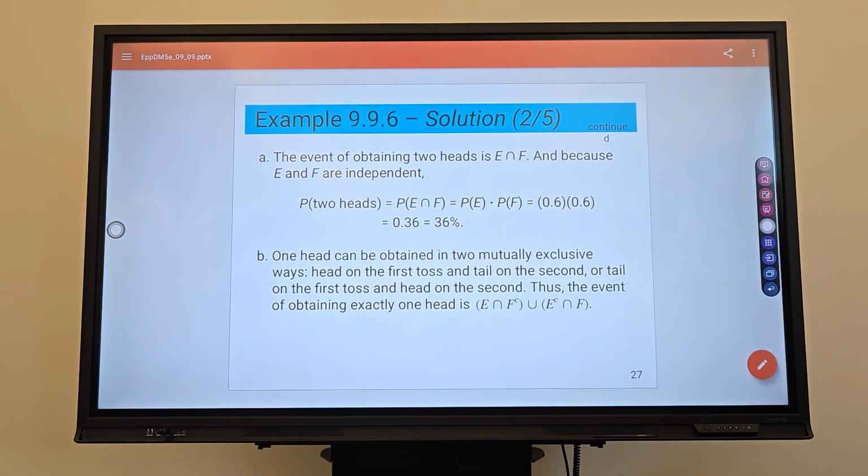The event of obtaining two heads is E intersect F, and because E and F are independent, the probability of two heads equals the probability of E times the probability of F, or 0.6 times 0.6, or 0.36, 36%.